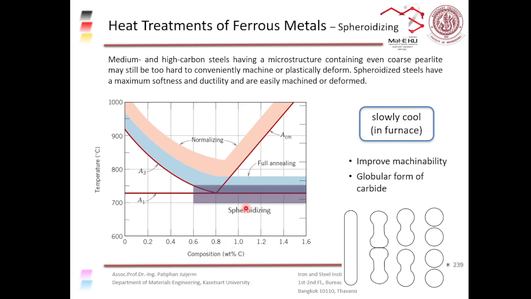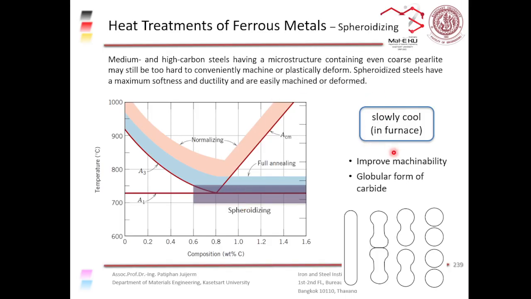And that makes it really difficult for machining because it is really hard. It is difficult for forming and shaping processes. It is difficult to plastically deform it into the shape that we want. We want to make it softer.